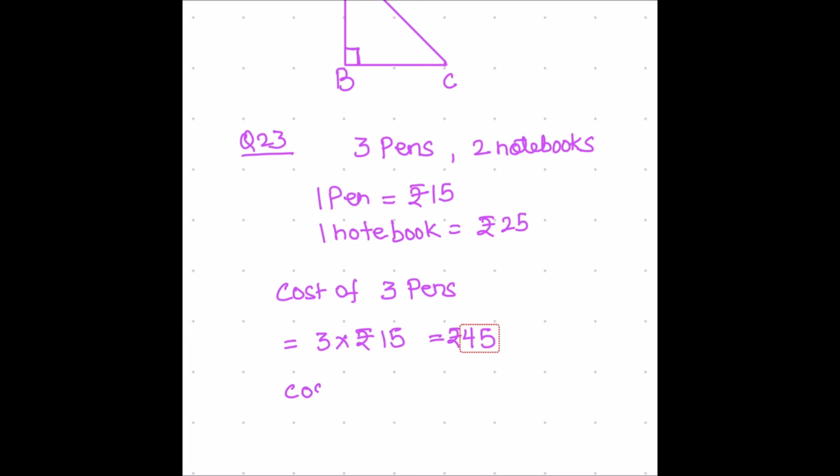And now we'll find the cost of 2 notebooks. Cost of 2 notebooks will be 2 times rupees 25. 2 times 5 is 10, 1 is carried over, 2 times 2 is 4, 4 plus 1 is 5. So this is 50 rupees.